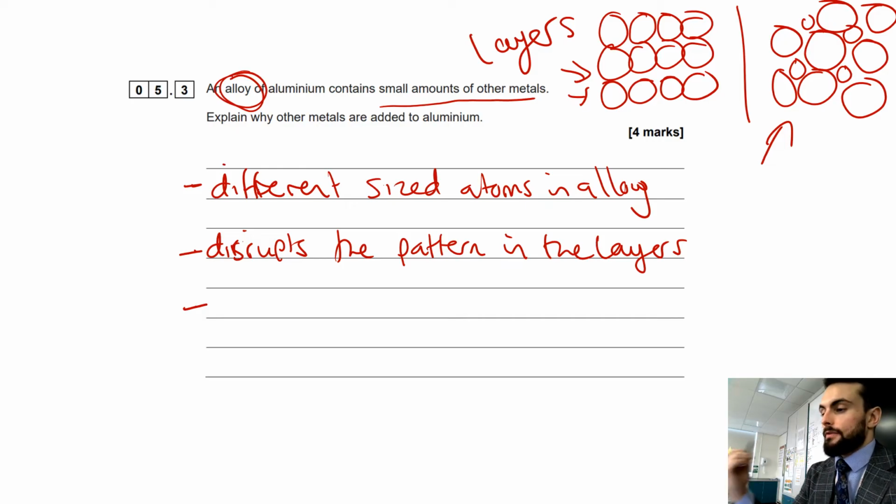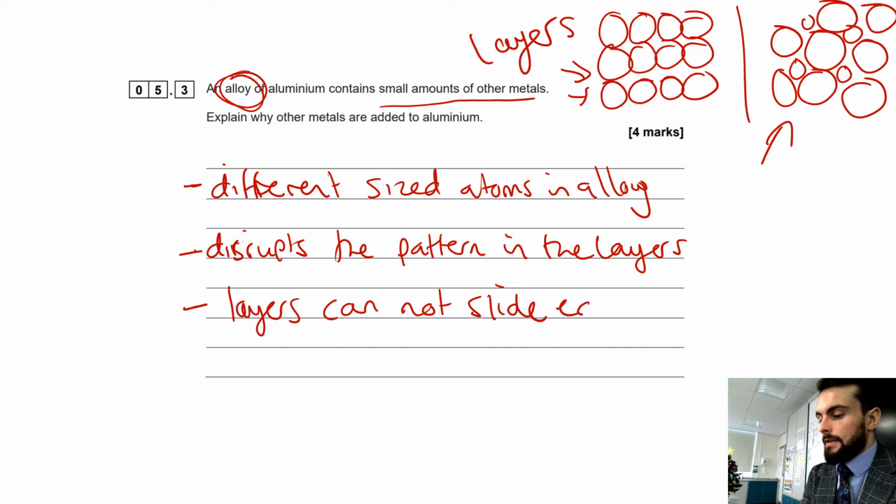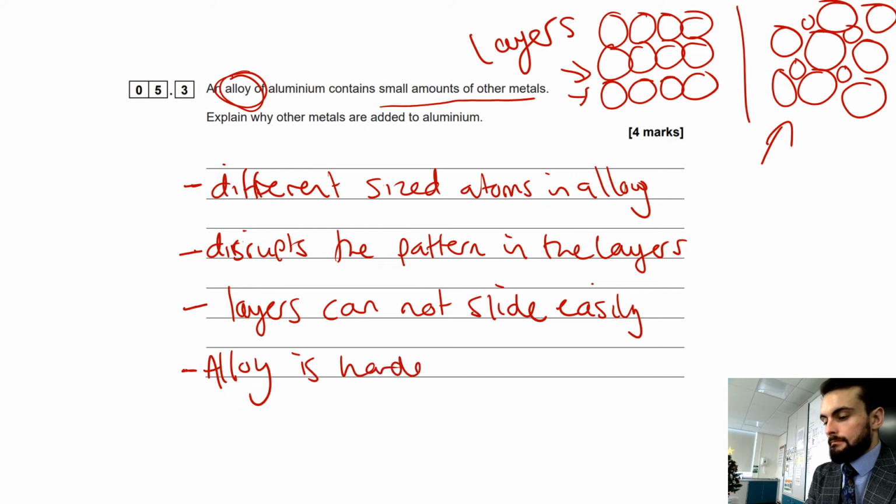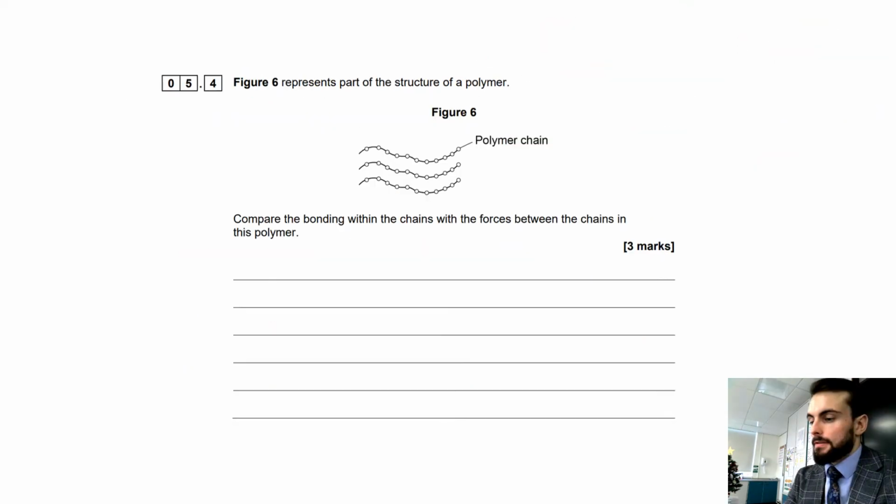If it's an alloy and we've got different size atoms, then the layers can't slide easily. So then what would the property be if the layers can't slide? The alloy would be harder than pure aluminium. There you go. Next question.